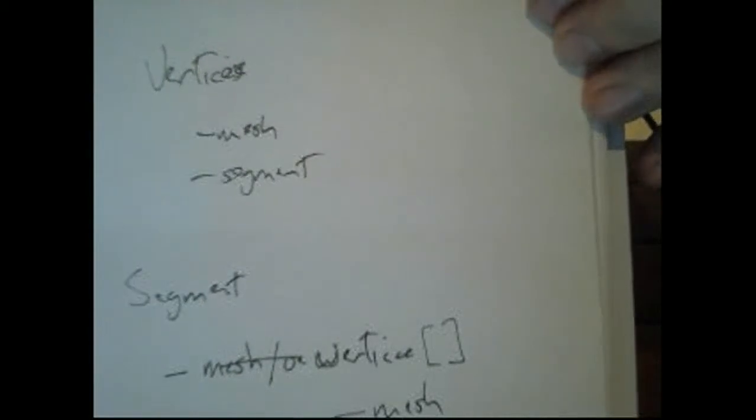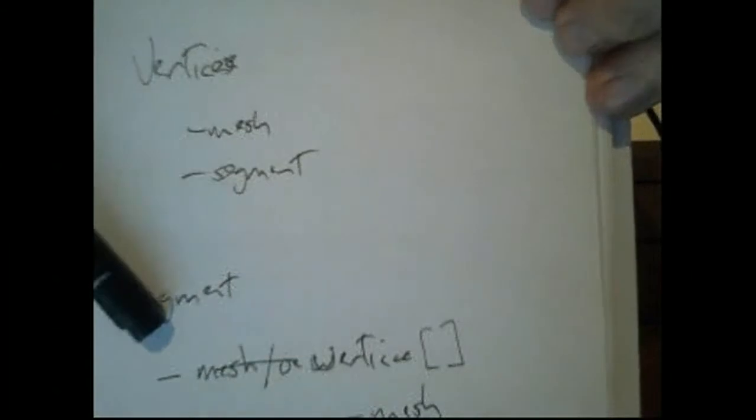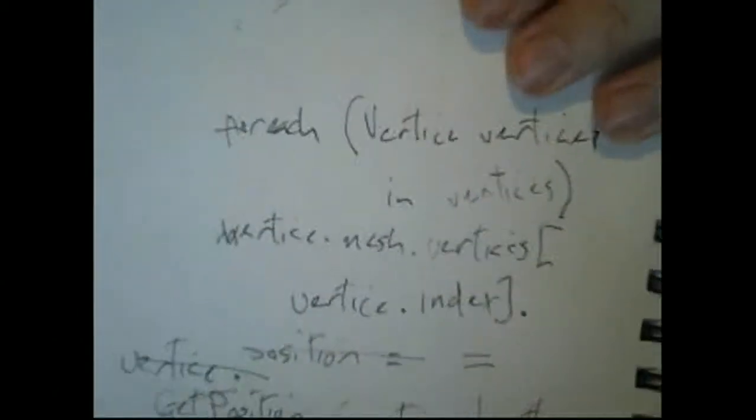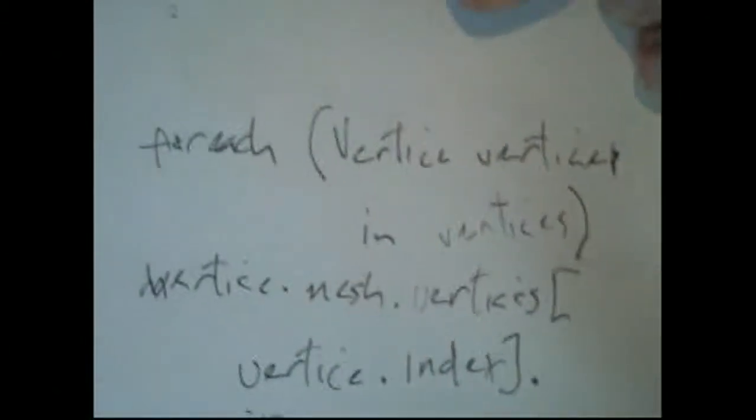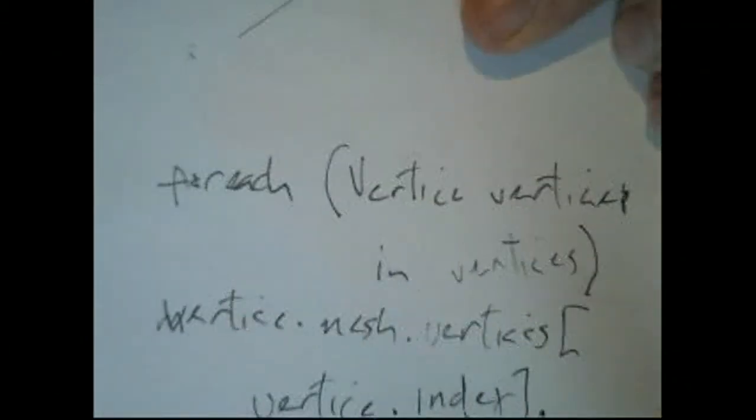So we can just say, whenever the point changes, tell the segment that it must do this again, every time one of the points changes in any way. And they'll just update all the positions of the vertices that are connected to the segment.